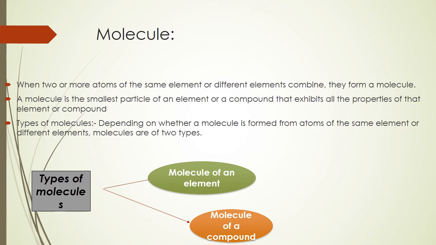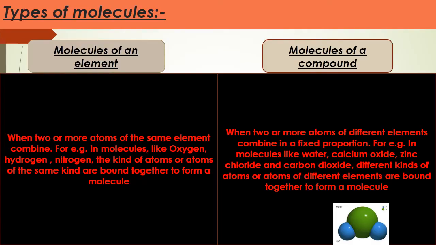Depending on whether a molecule is formed from the atoms of the same element or different elements, the molecules are of two types. First, the molecule of an element, and second, the molecule of a compound. The molecule of an element is formed when two or more atoms of the same element combine.